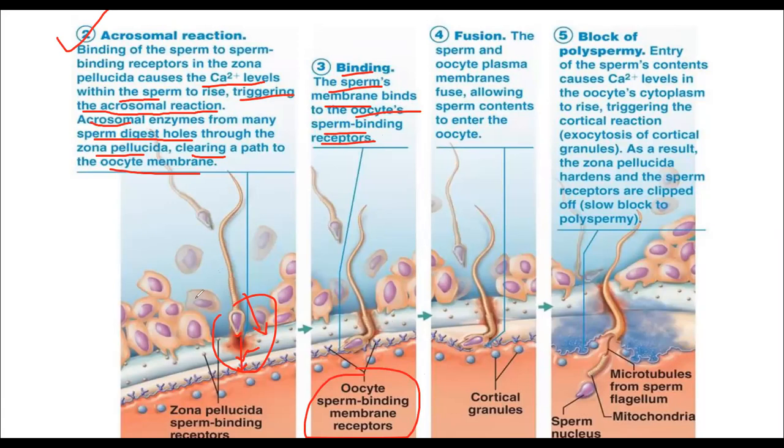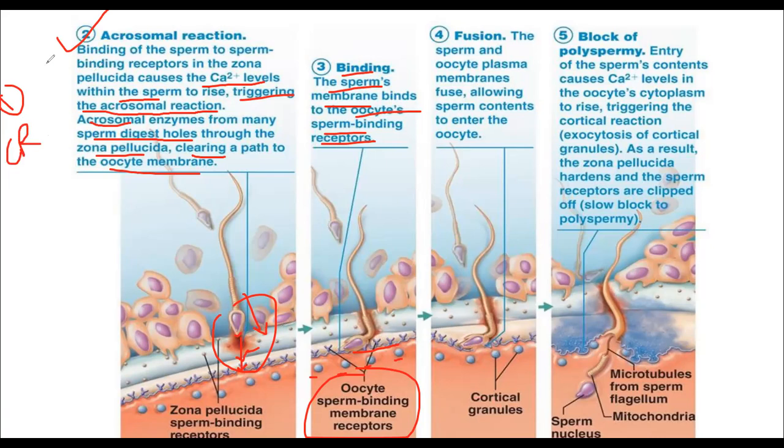So the sperm crosses the corona radiata granulosa cells, then reacts with the membrane receptors present on the zona pellucida, then moves further inside to the plasma membrane of the oocyte, and then you see these granules over here. We are coming to that. Step number one, making way through the corona radiata.